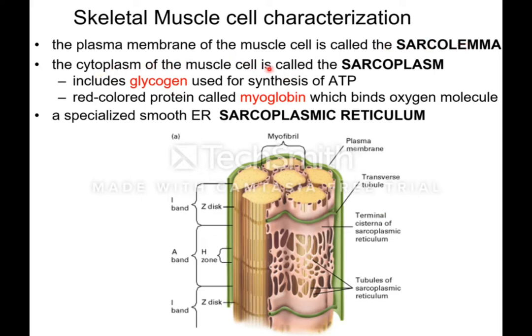The cytoplasm of this tissue is also called the sarcoplasm, which includes glycogen that is used for synthesis of ATP. The glycogen is a source of energy in the muscle tissue, and the cytoplasm of the muscle cell includes the red-colored protein called myoglobin. Myo means muscle, and globin is a type of protein that has red color. This myoglobin gives the red color to muscle and also binds to oxygen molecules.